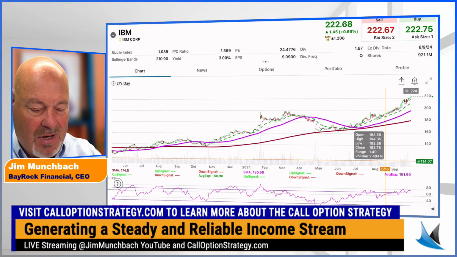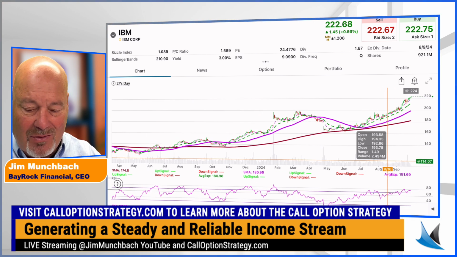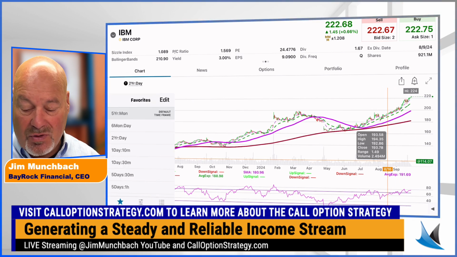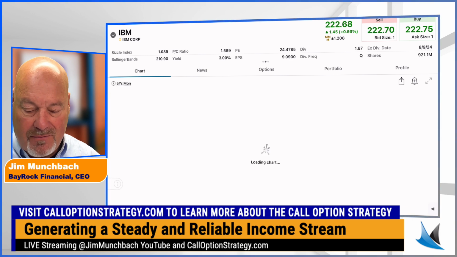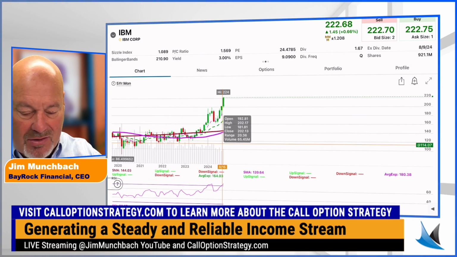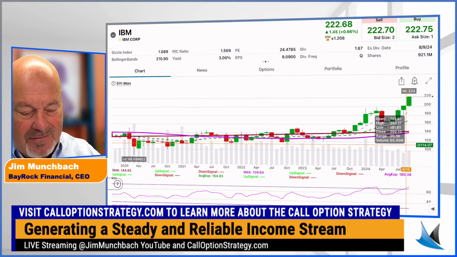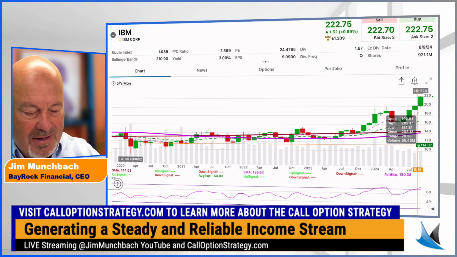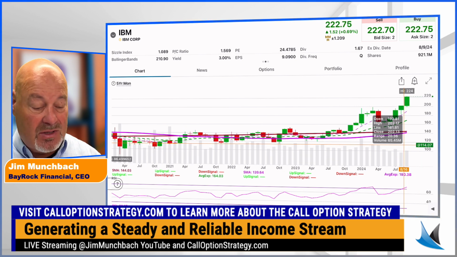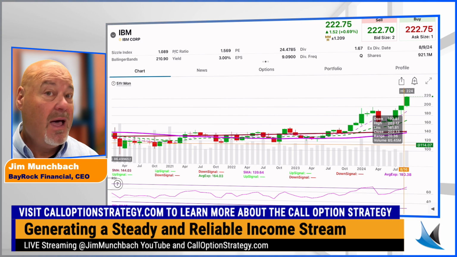So here we go, IBM. I don't know, I'd have to do some more research, but if I go to a 5-year monthly chart, let's take a look at that. I'm thinking I'd have to do some research on IBM. I'm not sure. I'm assuming it's the AI chase.